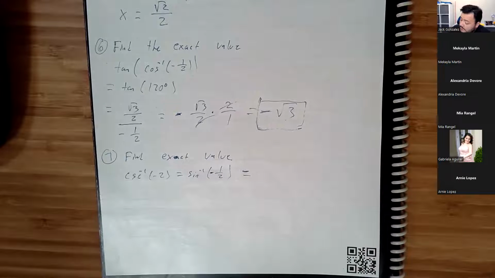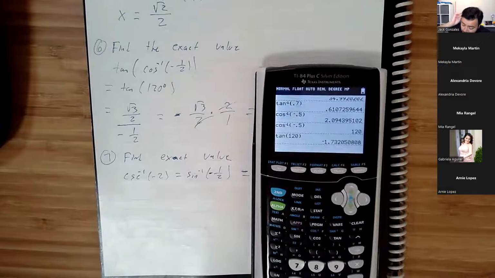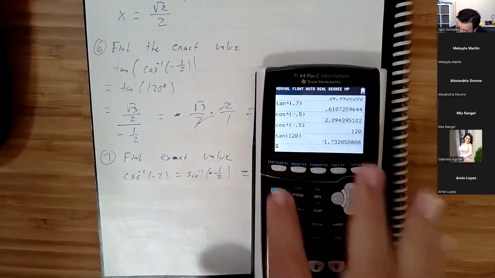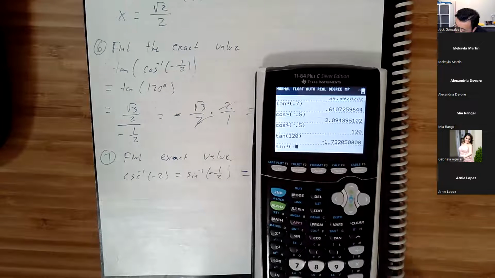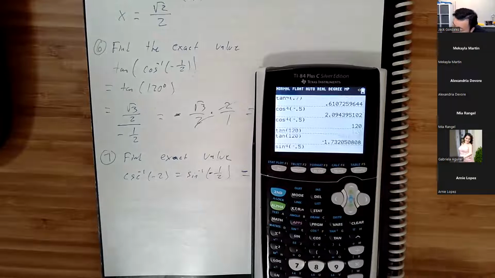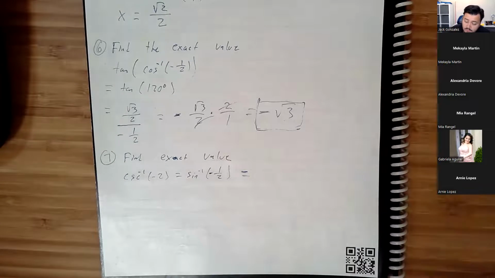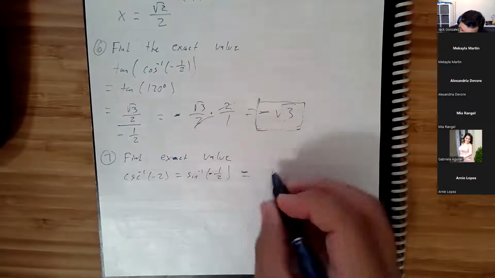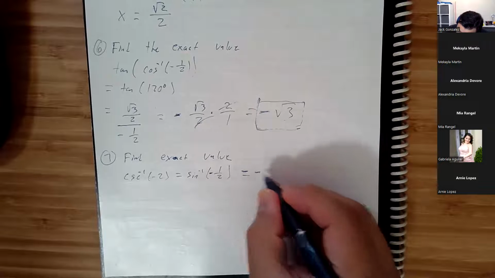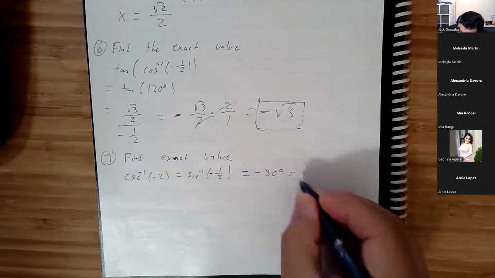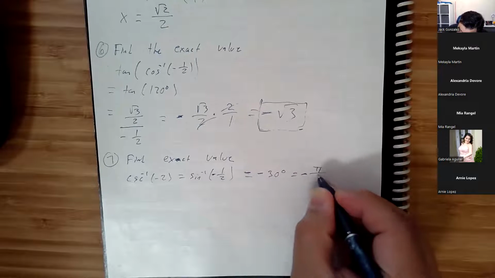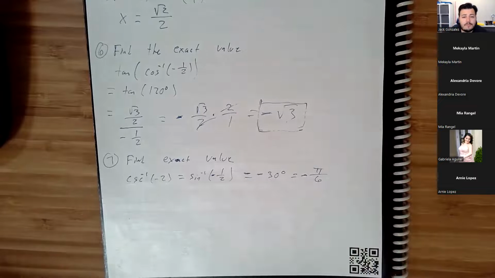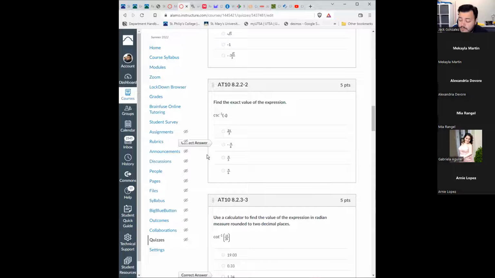You're gonna get, let's see, sine inverse of -0.5, -30 degrees. -30 degrees or -pi/6, right? Same deal. So B.